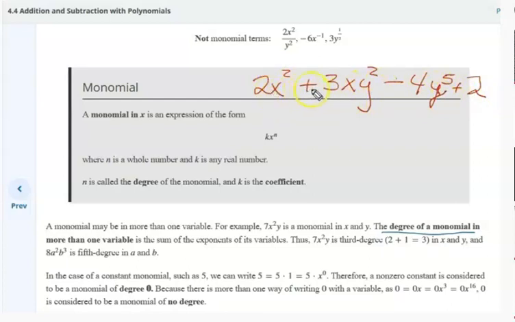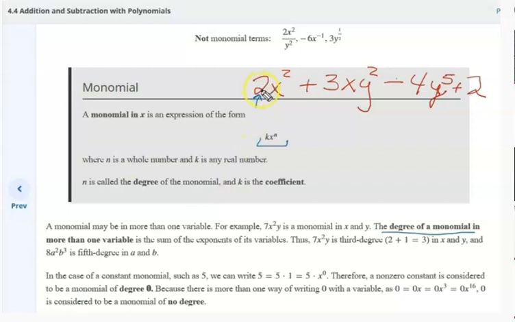So let's figure out the degree of each of these terms. And we want to mention that here is sort of a standard form for the monomial, where the k, that is the number part, is the coefficient.